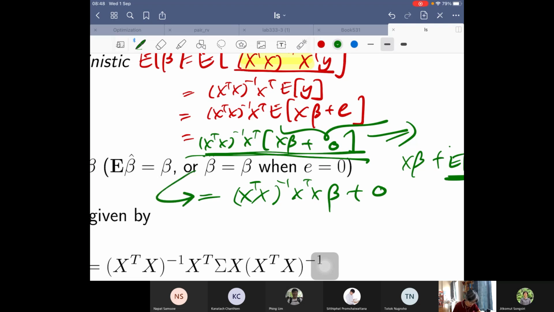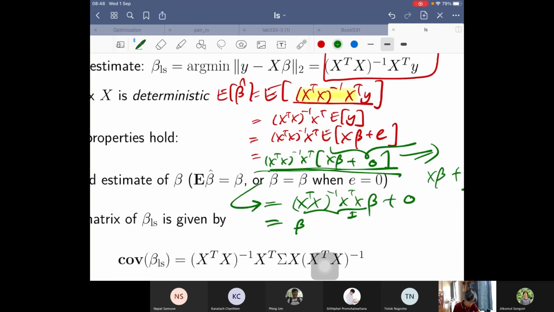It turns out to be this, and then it equals to... okay, switch to Totok. Totok, what is it? I multiply by beta. Yes, it's the identity matrix, right? So it's beta at the end.